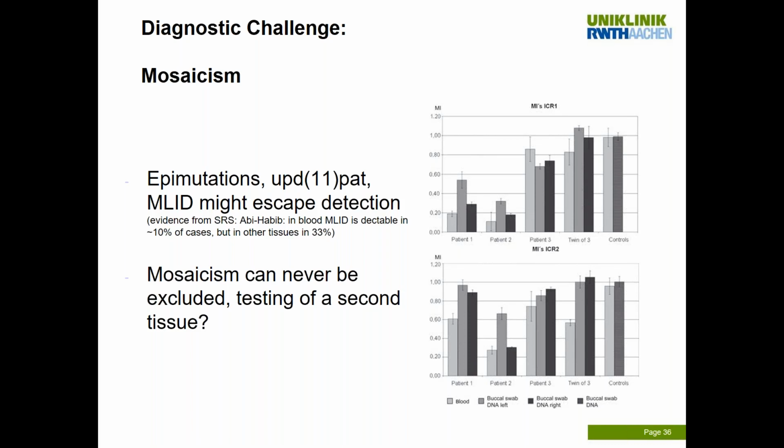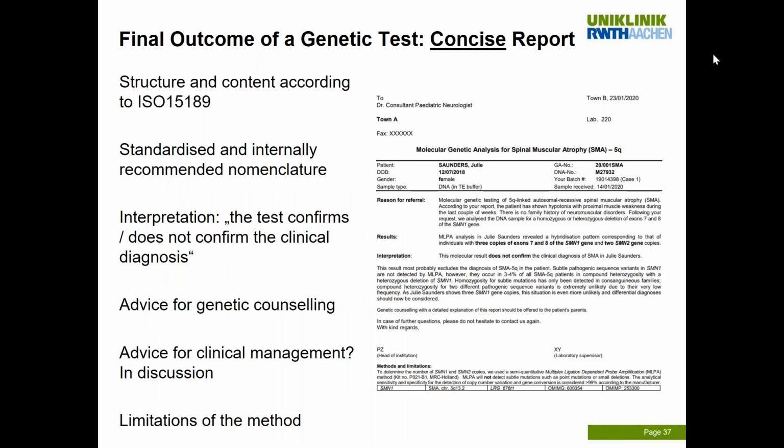And in case you are sure that your patient has an imprinting disorder, then ask for testing of a second tissue, because you might miss the typical molecular finding in blood cells but find it in hair roots, buccal swab DNA, fibroblasts and skin biopsies, etc. So always ask for testing of a second tissue in case of a negative first-line test.